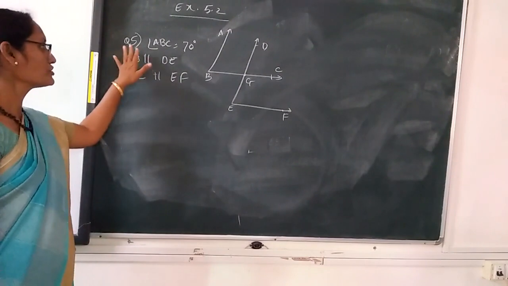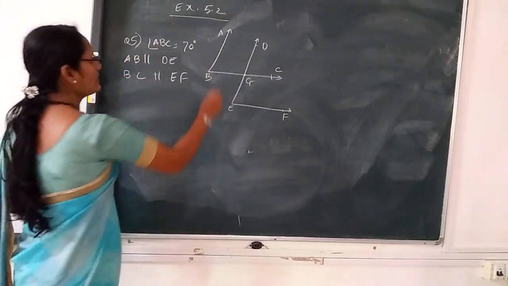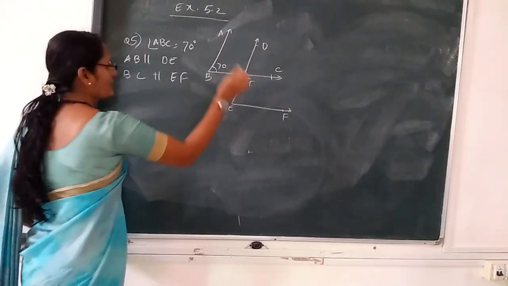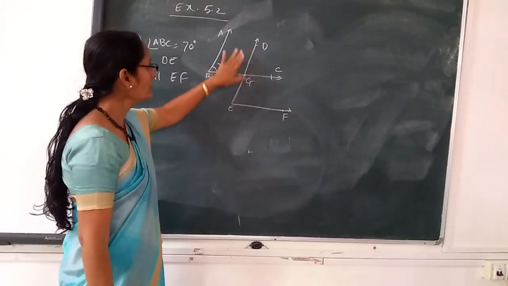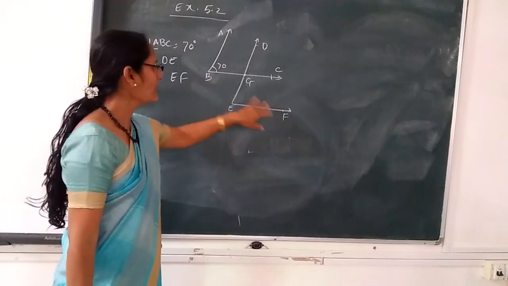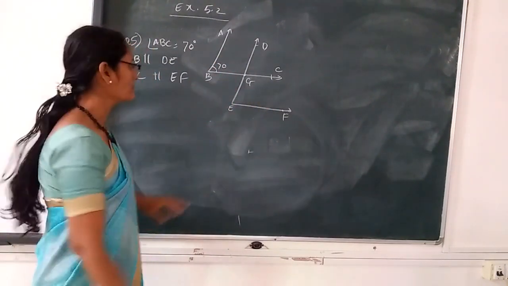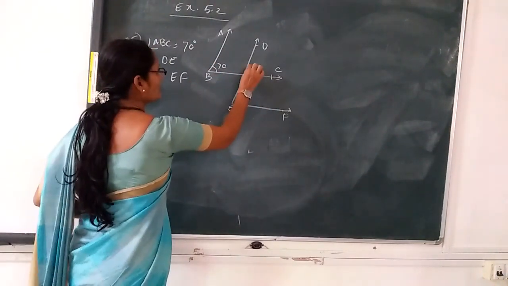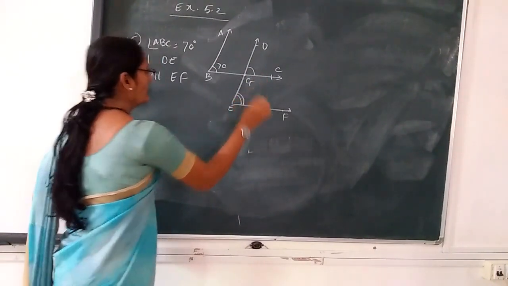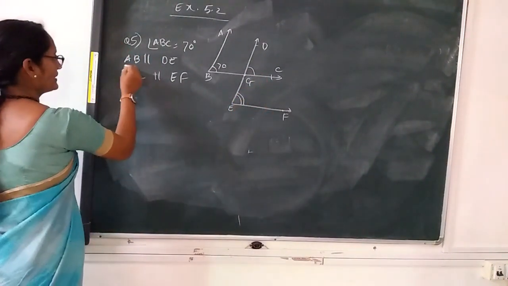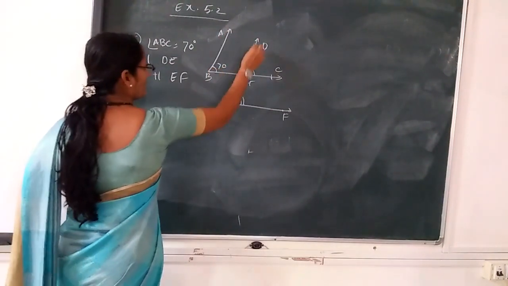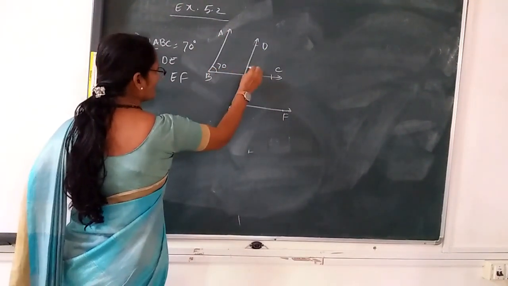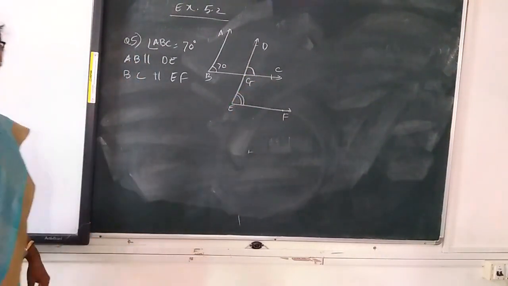Okay students, in question number 5 it is given that angle ABC is equal to 70 and you have to find the values of angle DGC and GEF. Either GEF or DEF is the same. Now it is given that AB is parallel to DE. When AB is parallel to DE, this 70 and this angle, which type of angle will it be?